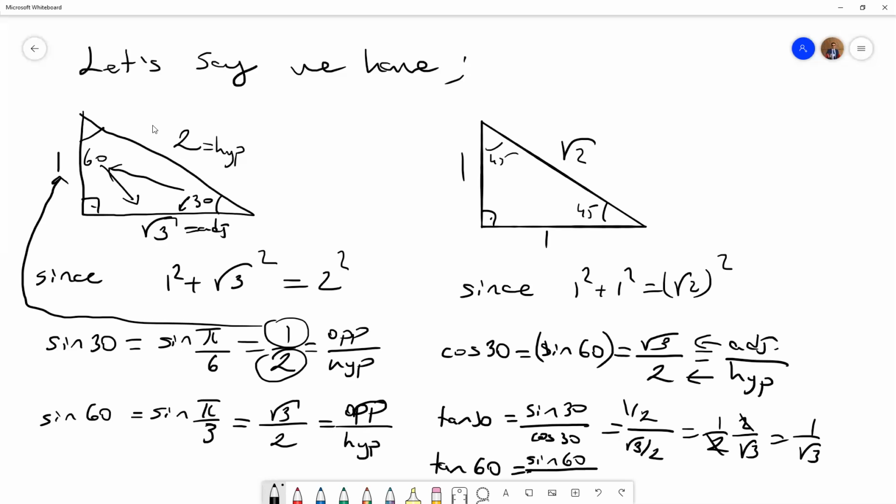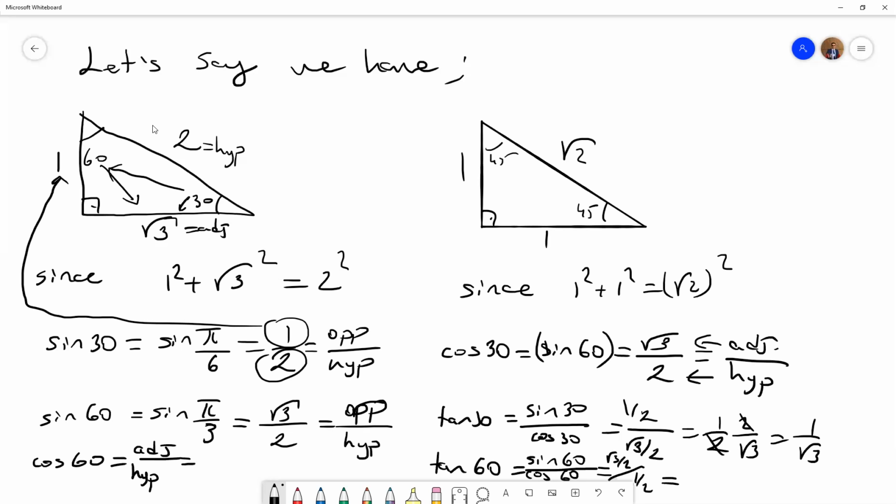Sine 60 over cosine 60. And sine 60 is square root 3 over 2, and cosine 60 is 1 over 2. So we can also write cosine 60 here. It is adjacent over hypotenuse.